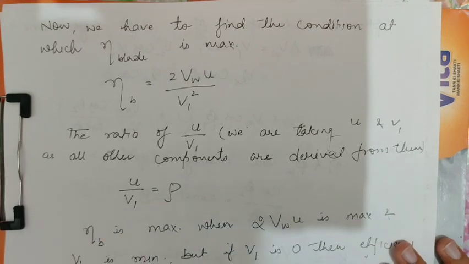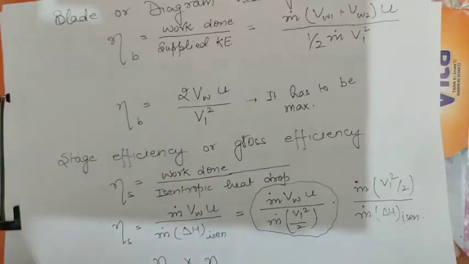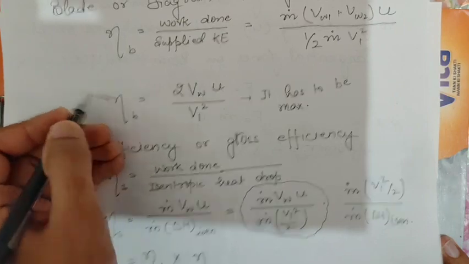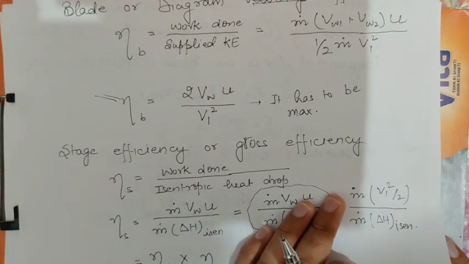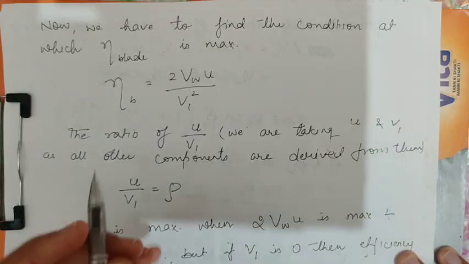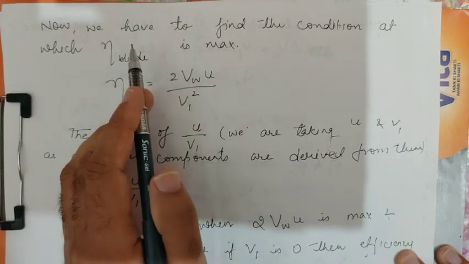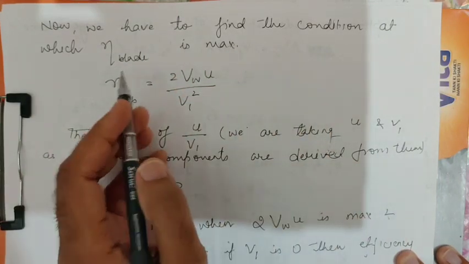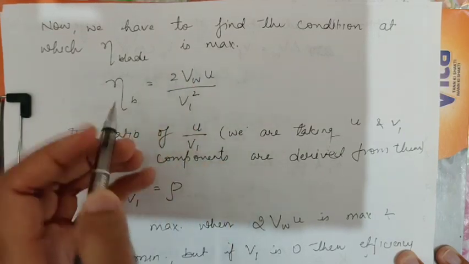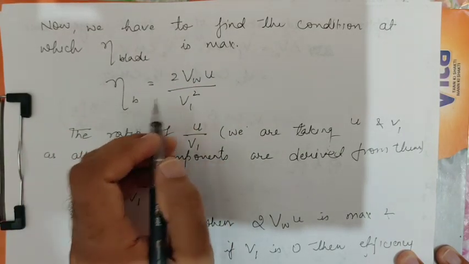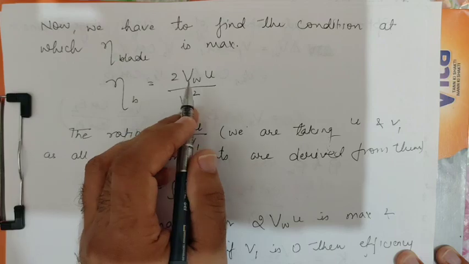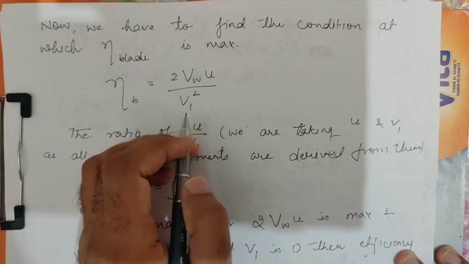Now, as I have told you, we have to find the maximum value of this. We have to find the condition at which ηb is maximum. The formula of ηb is 2 Vw u divided by V1 square.